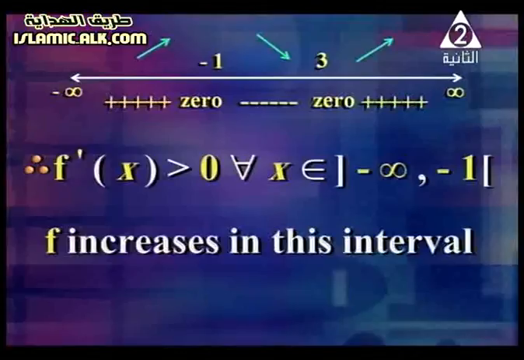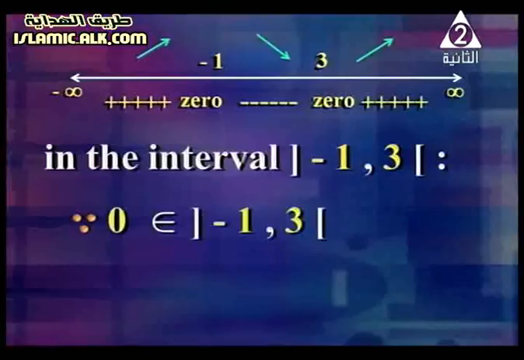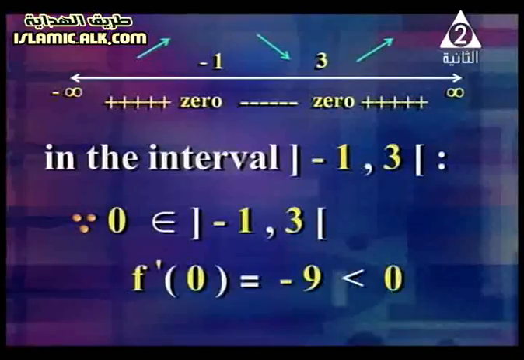After that, we translate to the second interval, the open interval negative 1, 3. Take any element that belongs to negative 1, 3. 0 belongs to negative 1, 3. What is f dash? f dash of 0 equals negative 9. When we substitute x equals 0 in f dash x, we find f dash 0 equals negative 9, smaller than 0.